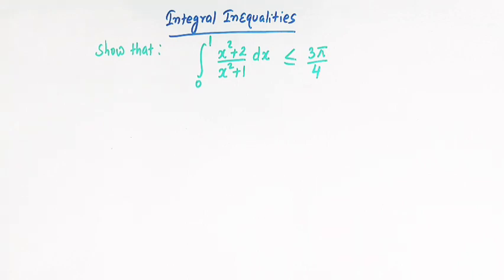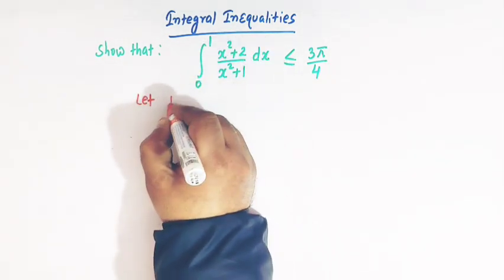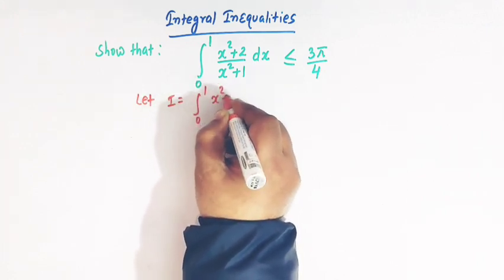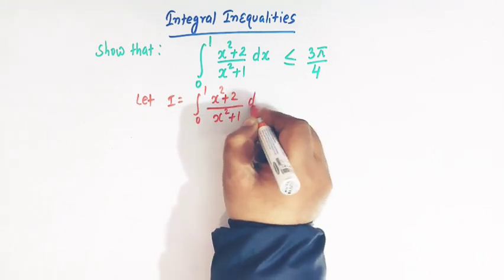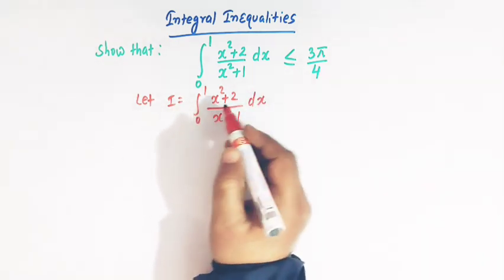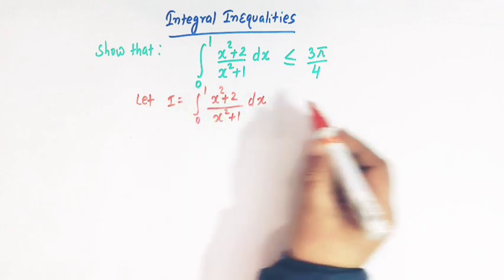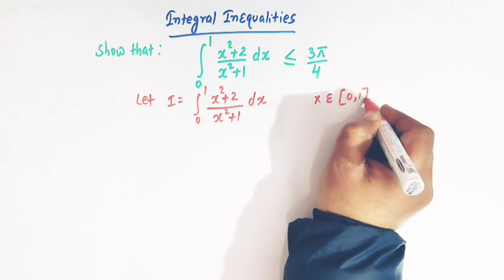So let us start. Let us first take this integral as I, so we have the integral from 0 to 1 of (x² + 2)/(x² + 1) dx. And see here, the lower limit is 0, the upper limit is 1, so our x belongs to the interval 0 to 1.